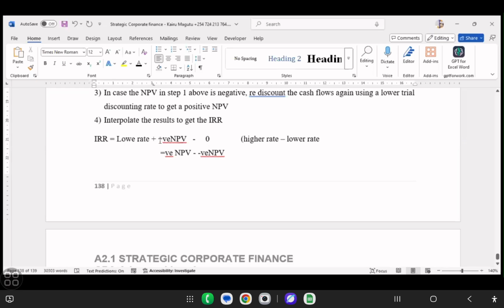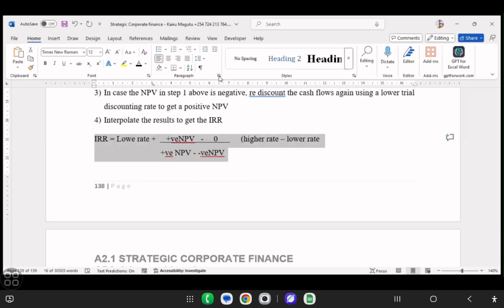I want to separate this one well, so that at least this is positive NPV. I will have to divide, let me have it divided like that. So that is the formula for the IRR.